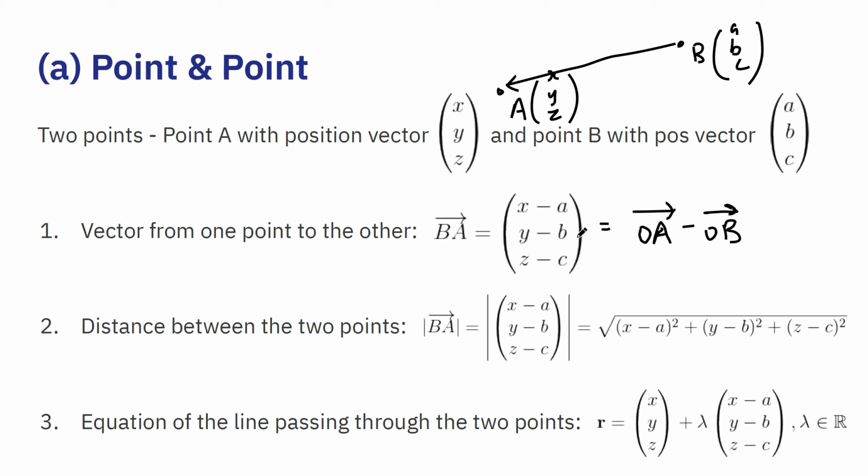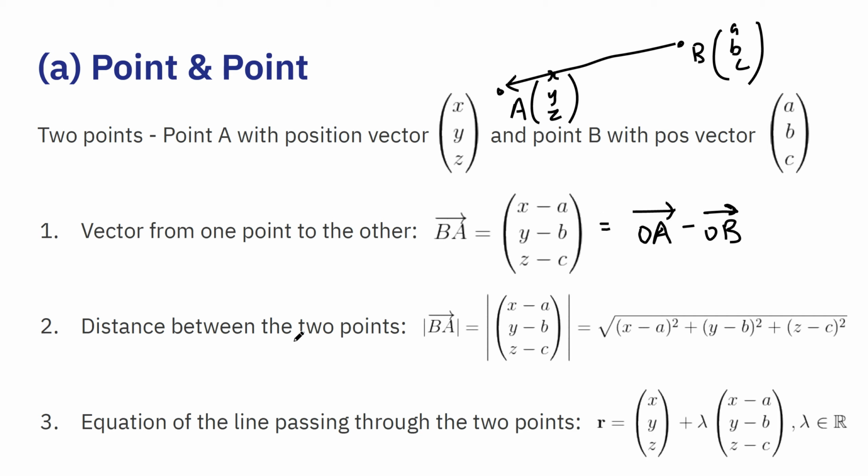Do note that when we are expressing a vector as the two positional vectors subtracted from each other, we always start with the second letter, OA, and then the first letter. So it's kind of like reversing the vector. We take the positional vector A minus the positional vector B in order to get x minus a, y minus b, and z minus c.